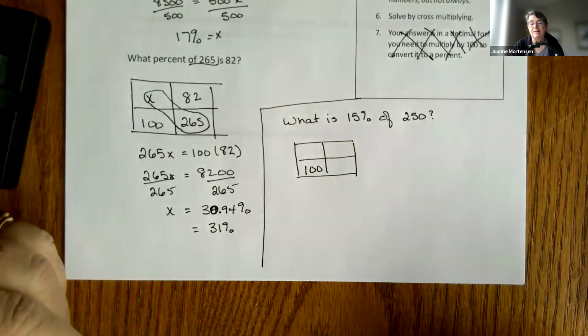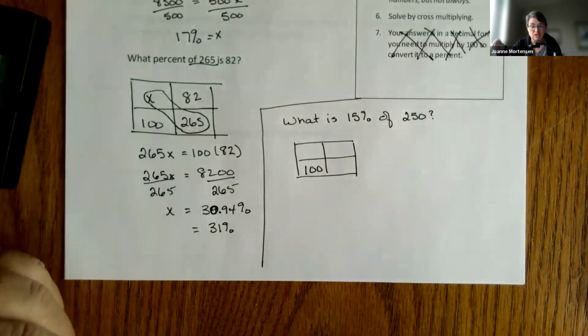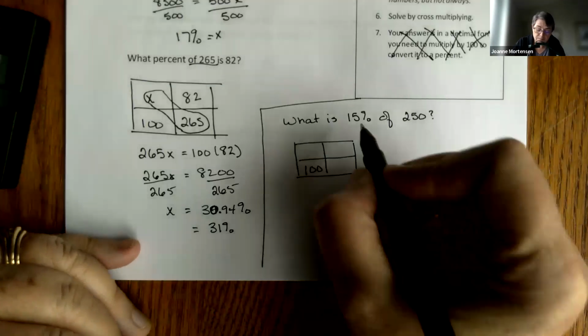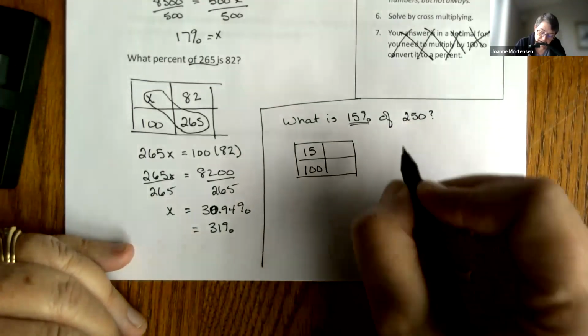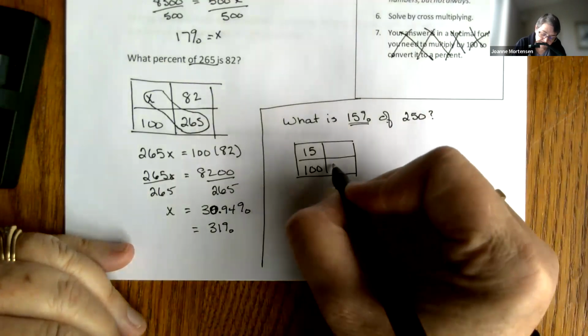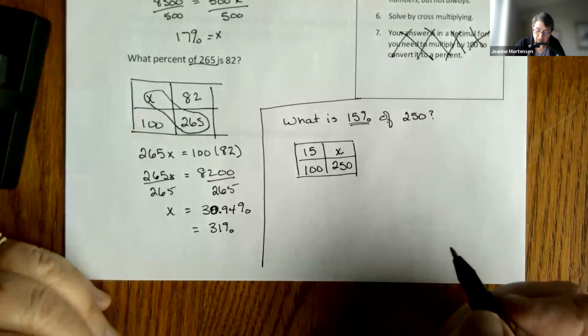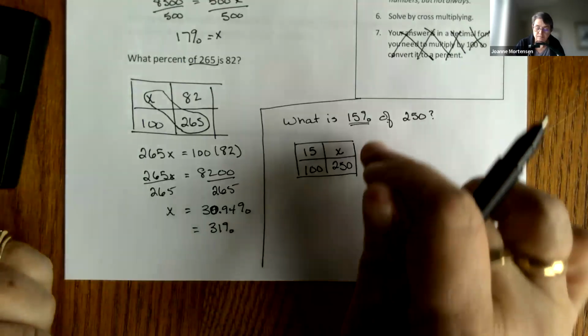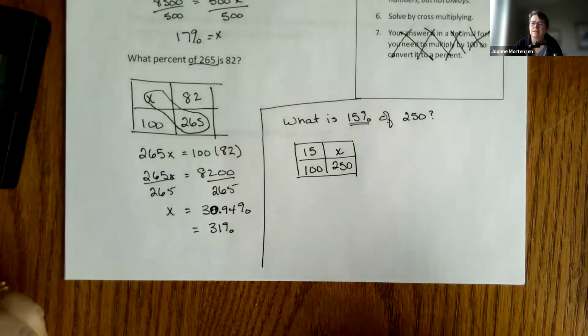Okay, so the reason I added this is I wanted to do a question of the first form that you learned. Because we've got the 15%, that means the 15 goes here, but we still have the "of" 250, so this goes here, and x goes there. So once you have that box set up, then it's just cross multiply, and it's pretty much the same every time.